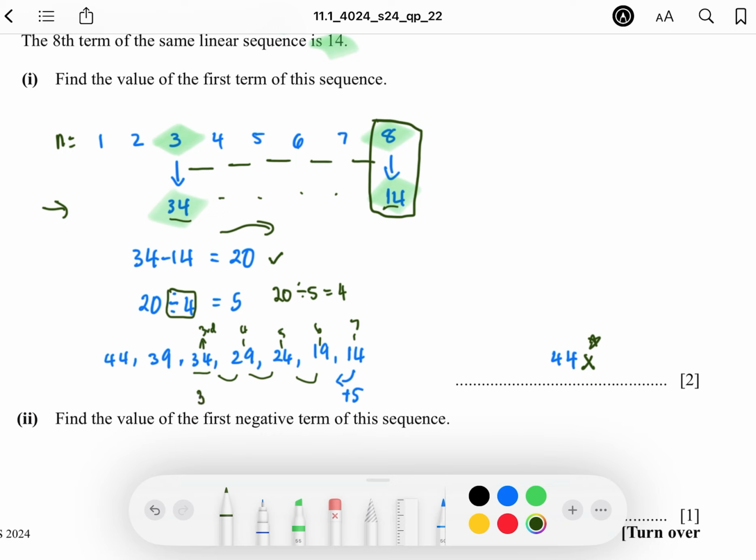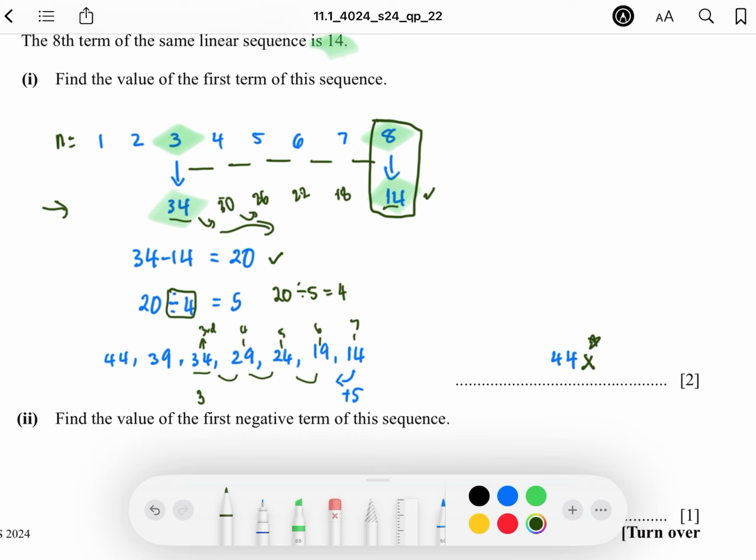So 34, so let me do this one here. 34 minus 4, 30 minus 4, 26, minus 4, 22, minus 4 is 18, minus 4 is 14.